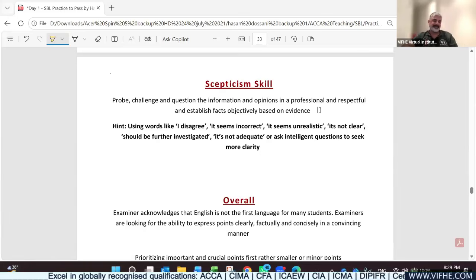Now, what is the meaning of questioning mind? Always asking questions. Do not trust anything at face value. Challenge, probe, ask questions, disagree.